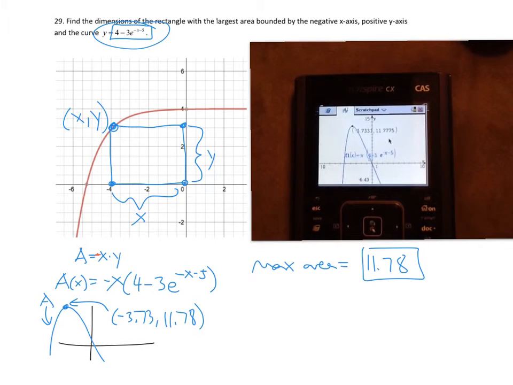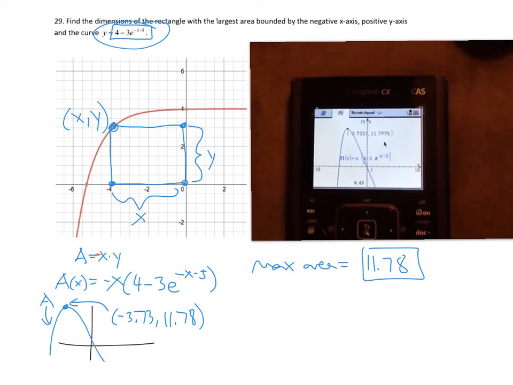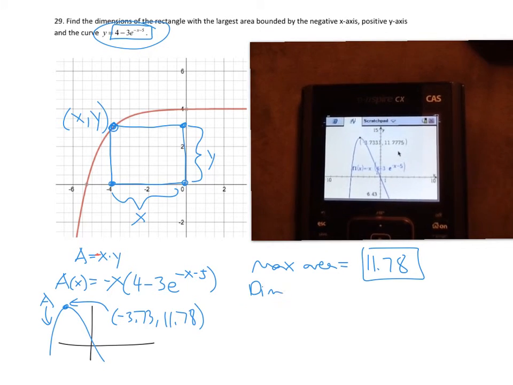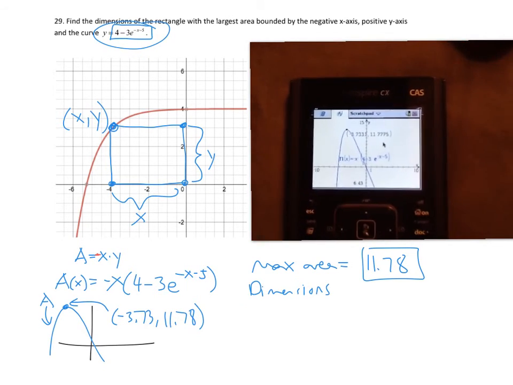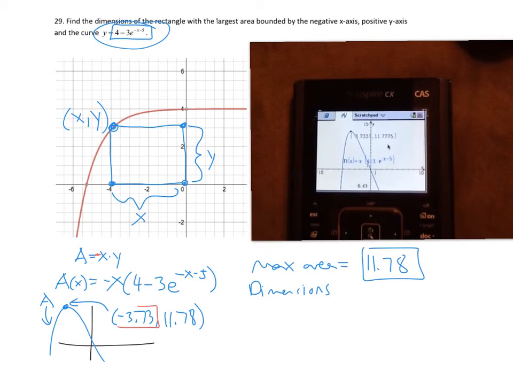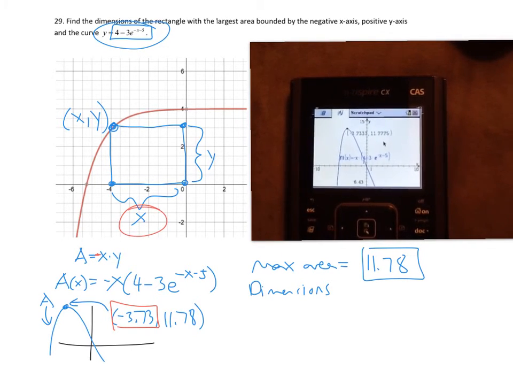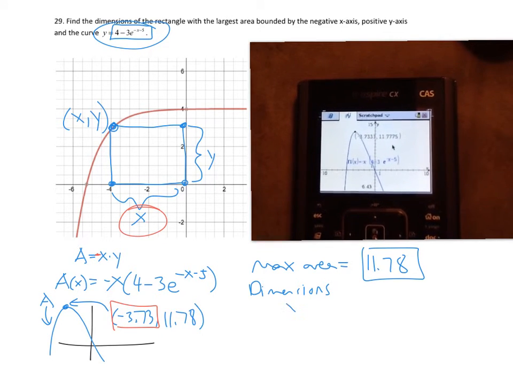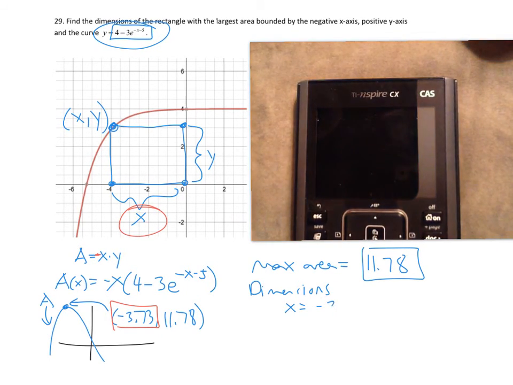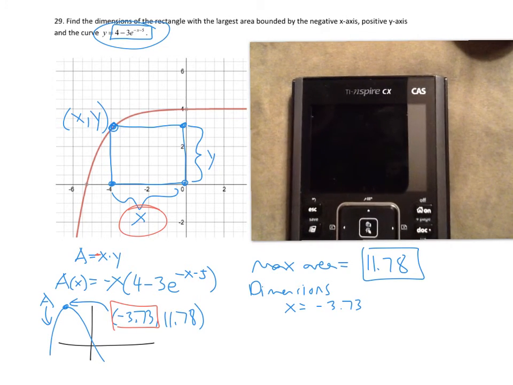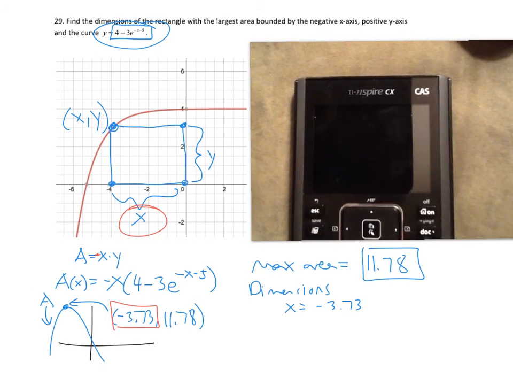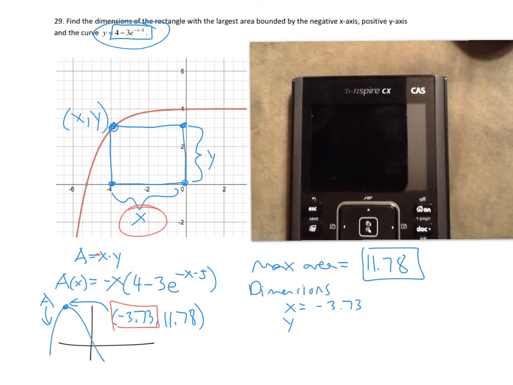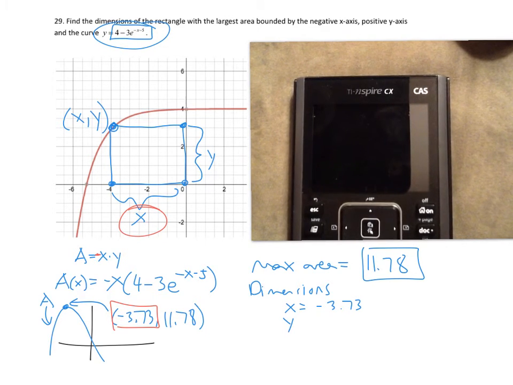Now, if we needed to know the dimensions of the rectangle with the greatest area, the x value right here came from here. So the x coordinate is negative 3.73, and to figure out the y coordinate that goes with it, we can plug that x into our original graph, y equals 4 minus 3e to the negative x minus 5.